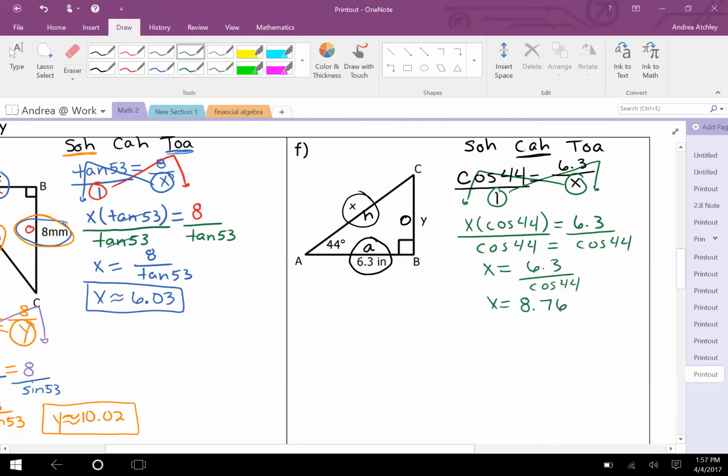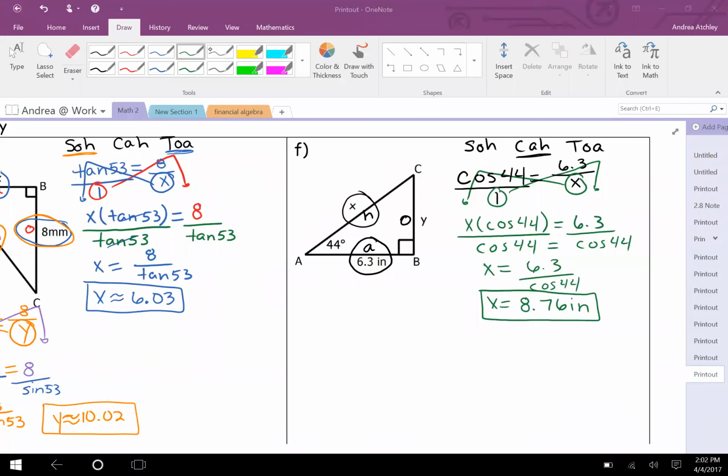We're rounding to 2 decimal places, you guys. And these are inches. Any questions? How are we doing with this? We're good? Okay, find y on your own.